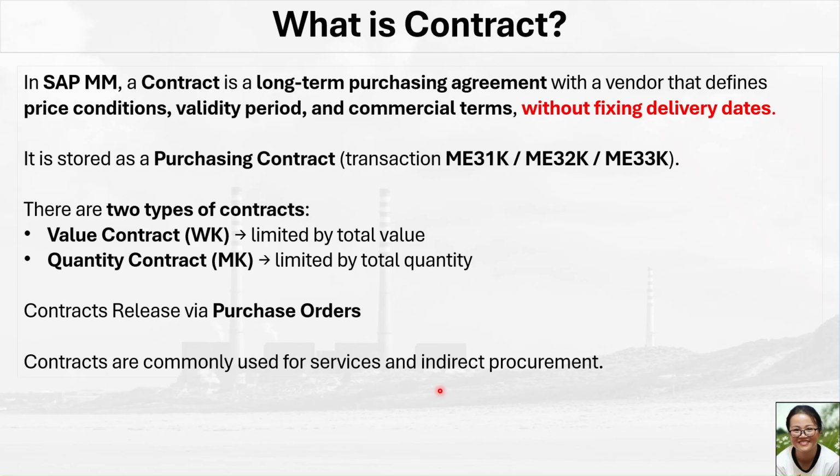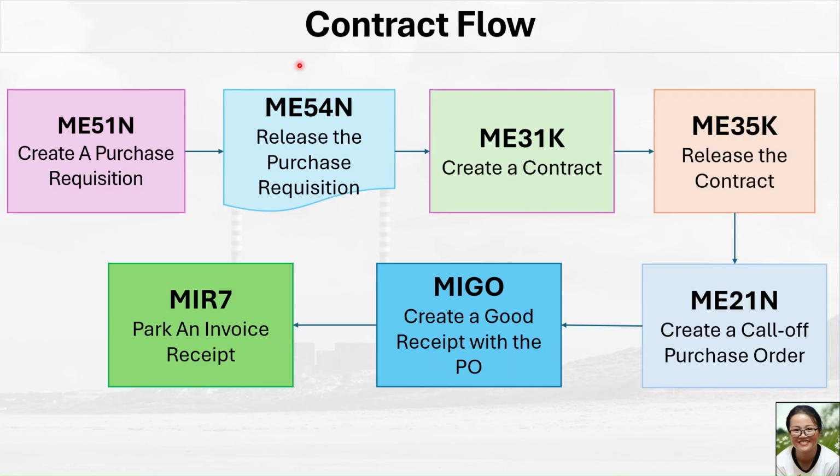So on the next slide, I will show you the main flow of the contract. This is the contract flow. The first step is that you need to create a purchase requisition with ME51N, and then you need to release the purchase requisition with ME54N, and you need to create a contract with reference to the purchase requisition with ME31K.